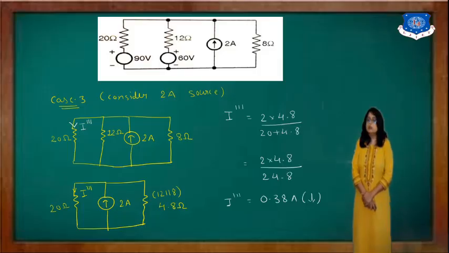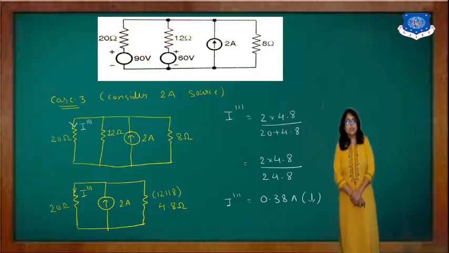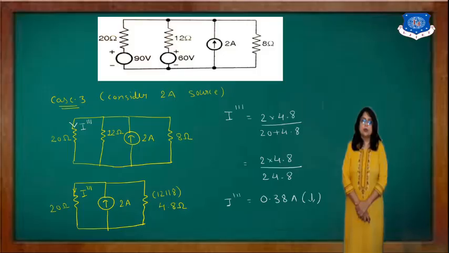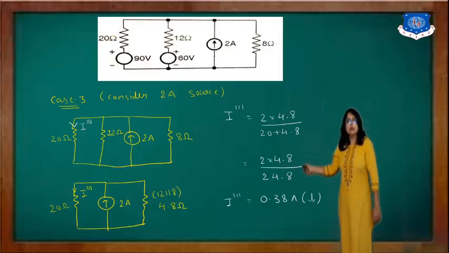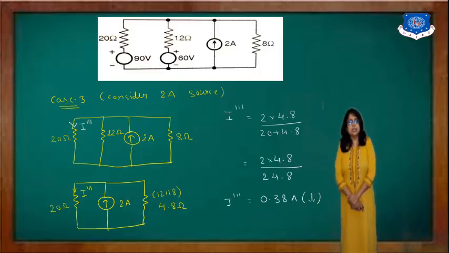So 2 multiplied by 4.8 divided by 20 plus 4.8. When we solve this, we get the current equal to 0.38 ampere.